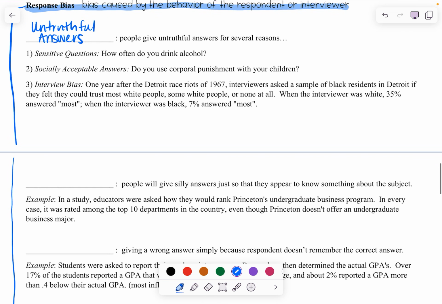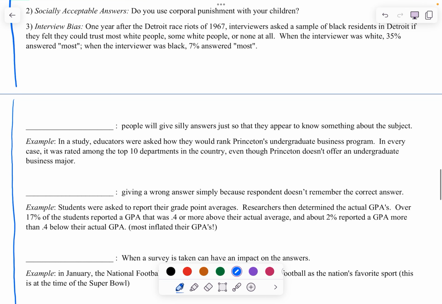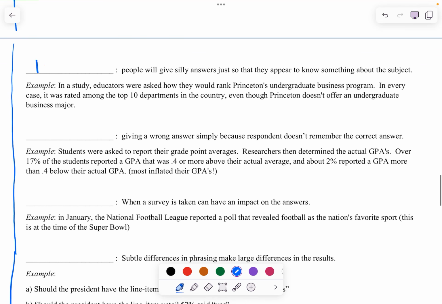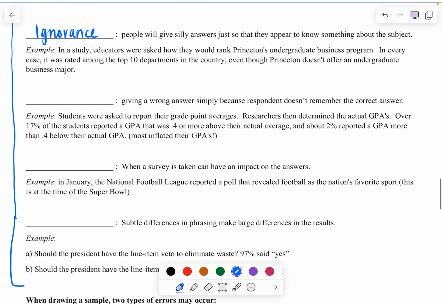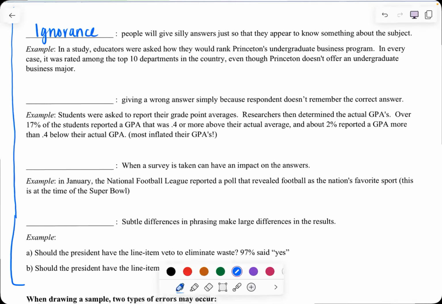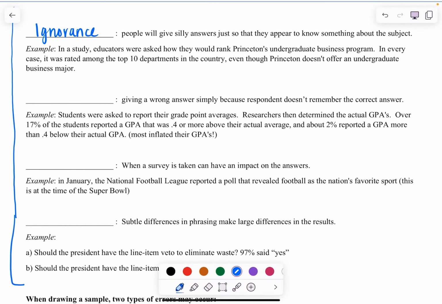Another form of response bias is going to be people will give silly answers. Basically, if they don't know what's going on, they just want to say something. A lot of the time, people just want their opinion to be heard. So if I ask them, what do you think about the STAR test or something like that, and they don't really know or have any opinion, they may just say something just to say something because they're being asked a question.